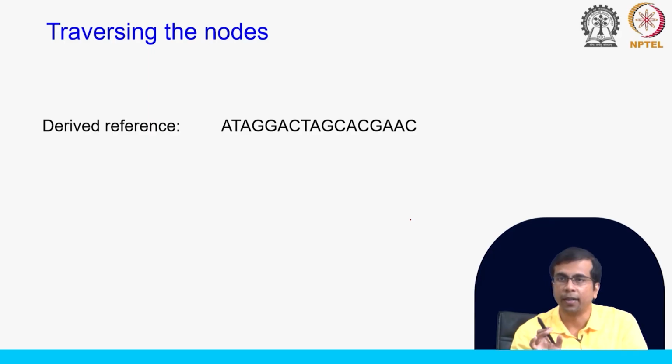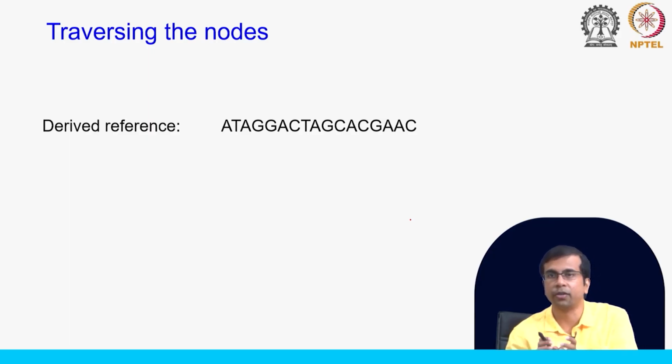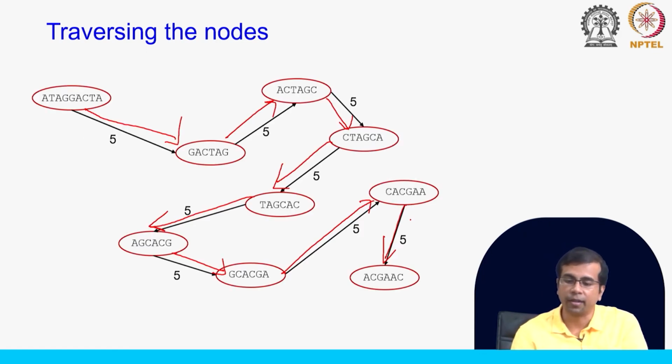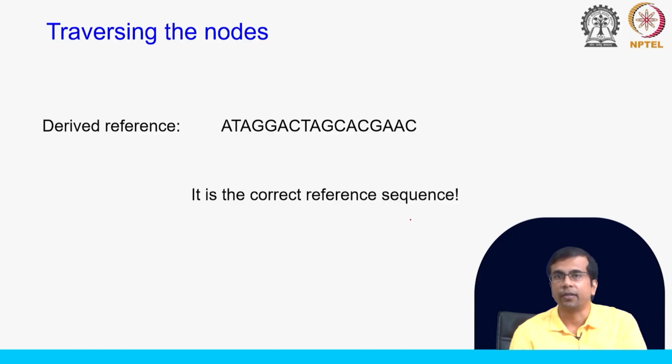That will tell us how we should merge these nodes and derive the reference sequence. This is important. And this is the correct reference sequence that we actually started with in this example. I hope this is clear how the layout method works.